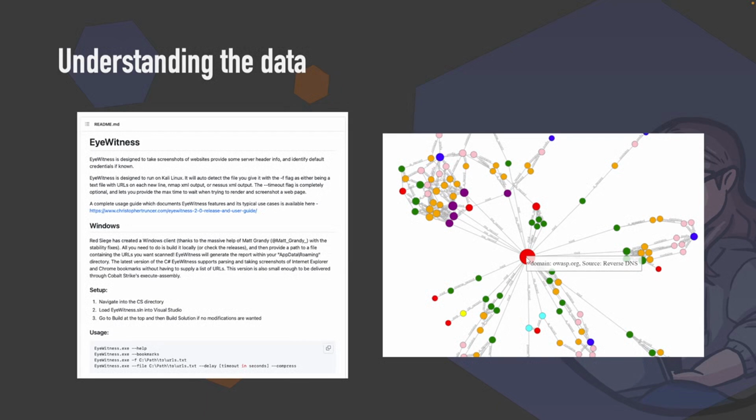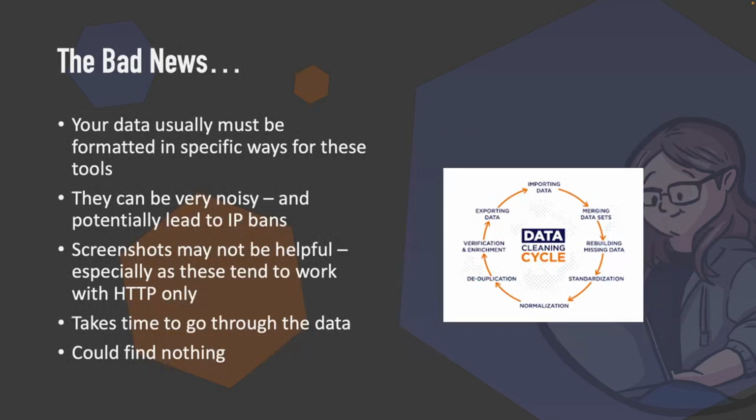You've got to do that understanding element to it, because again, recon alone is not going to find you a bug, and I really want to stress that because I think a lot of people think all you need is recon, but you do need to actually hack things. The bad news for a lot of this is your data has to be formatted in specific ways for these tools, and that doing subdomain enumeration in general can be very noisy and potentially lead to IP bans or WAF bans.